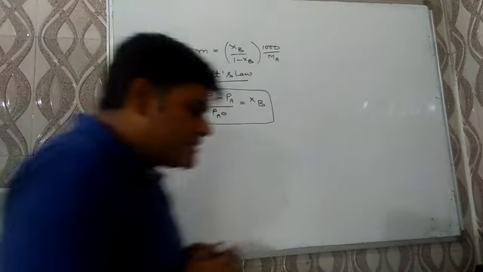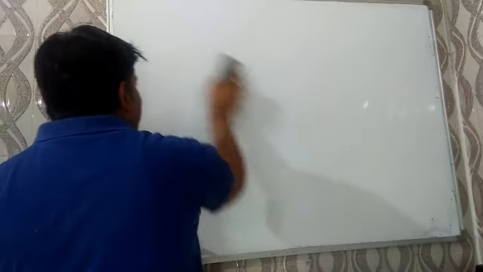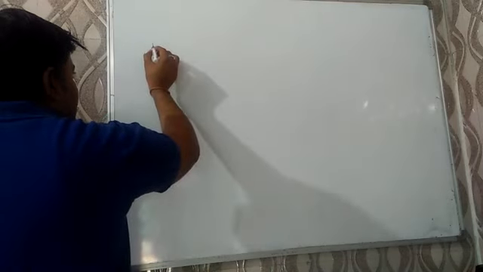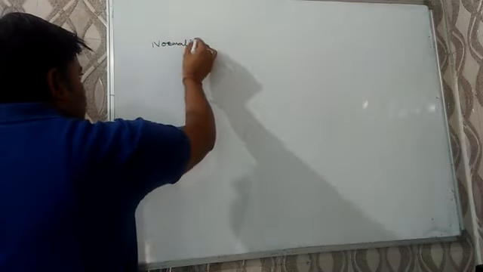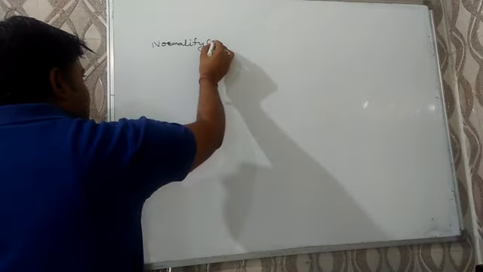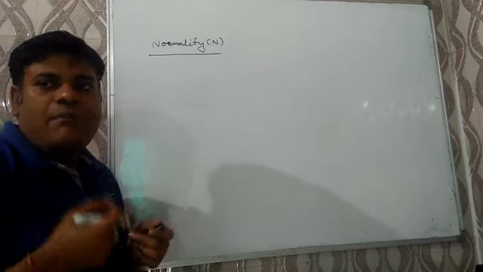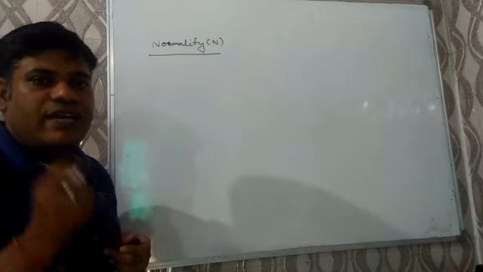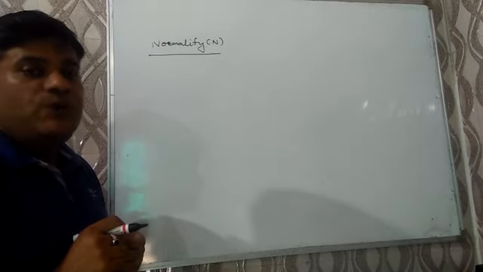Now, I am discussing a more important method to express the concentration, and that method is known as normality. Normality is denoted by capital N, and it may be defined as the number of gram equivalents of solute dissolved per liter of solution.